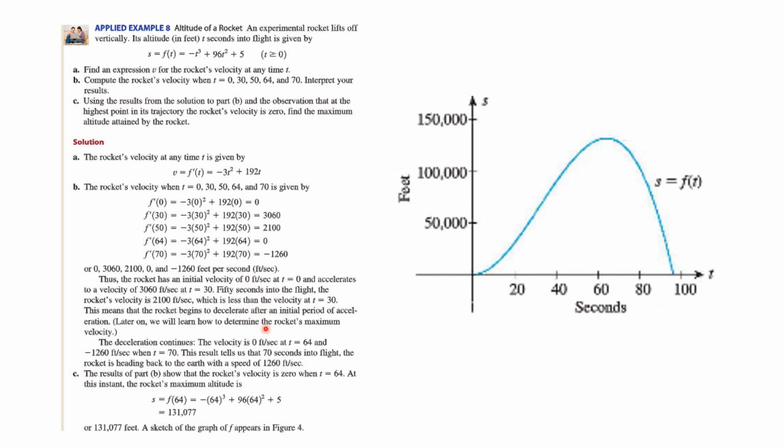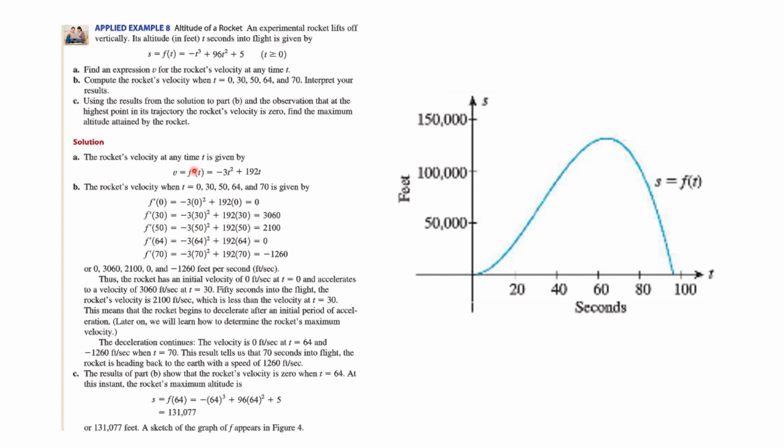And that's really what it's all about. Let's see. Oh, when is the velocity 0? We're going to take this equation, which is the velocity, and set it equal to 0, and solve. And so that tells us that happens at time t equals 64. And it is instructive.